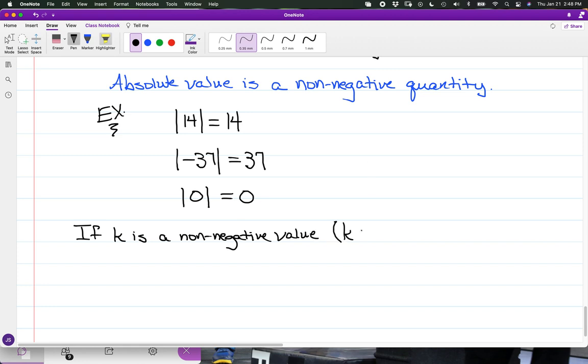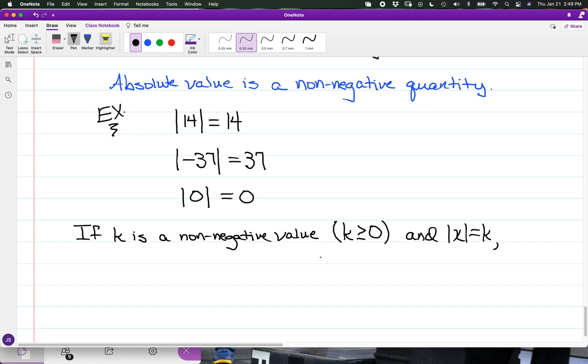That is, k could be equal to 0, or it could be a positive number, like a positive fraction, 4/5, or a whole number, like 3, or an irrational number, like pi. And say the absolute value of x is equal to k.